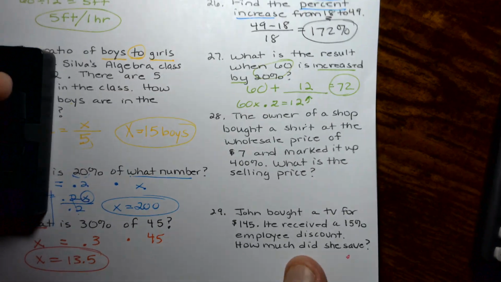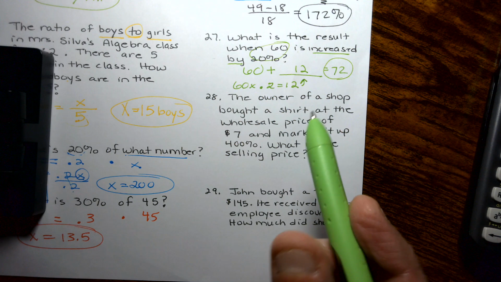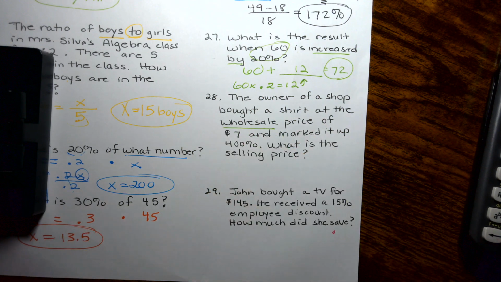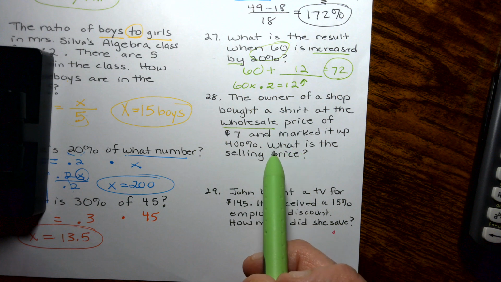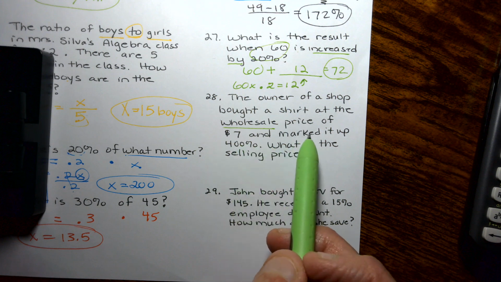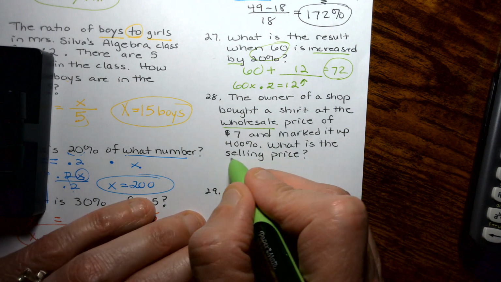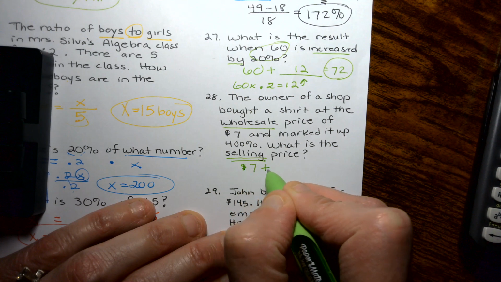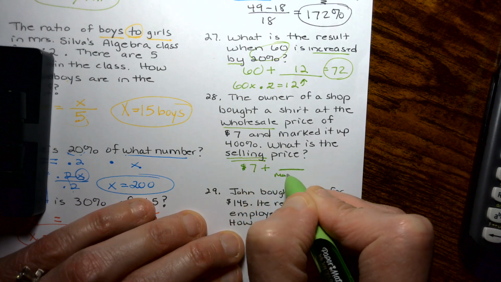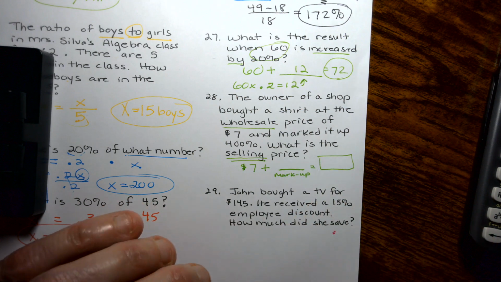All right, 2 more. The owner of a shop bought a shirt at the wholesale. Remember what wholesale is? That's a cheap, cheap, cheap price. So bought a shirt at the wholesale price of $7, marked it up 400%. What's the selling price? So for sure they're going to pay the $7 plus whatever the markup is, and then we're going to get the total.